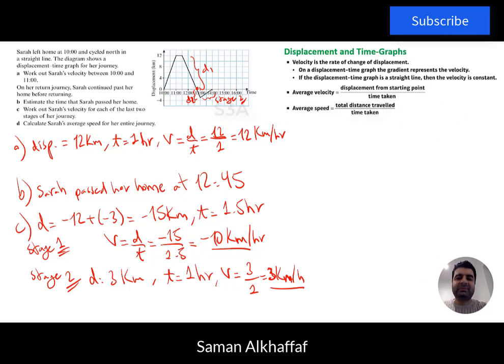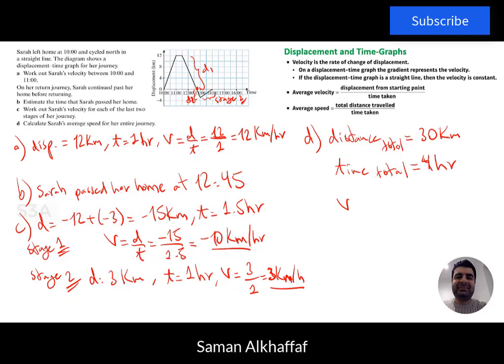For part D, we need to calculate Sarah's average speed for her entire journey. So for us to do that, we will add the entire distance. So total distance will equal 30 kilometers, and the total time will be equivalent to 4 hours.